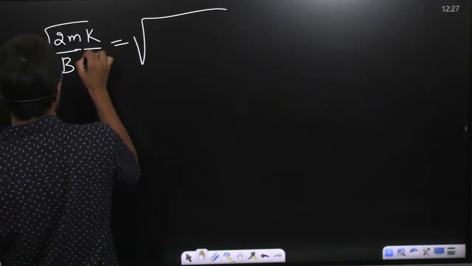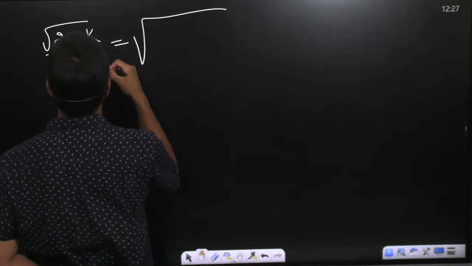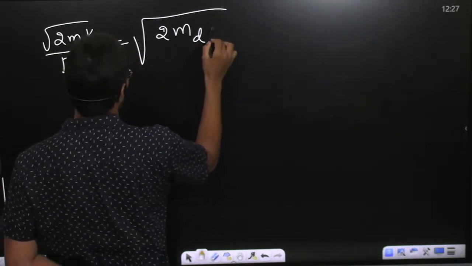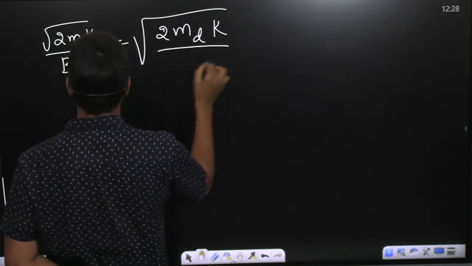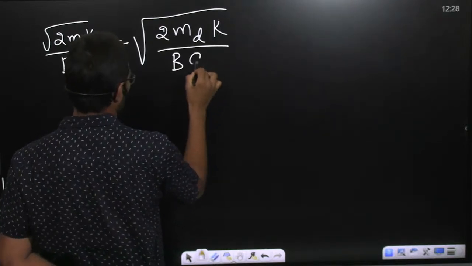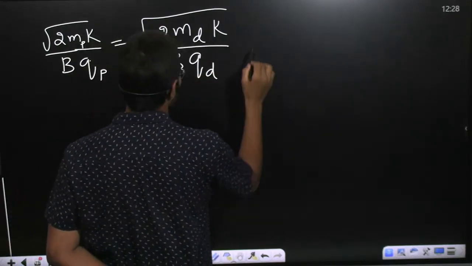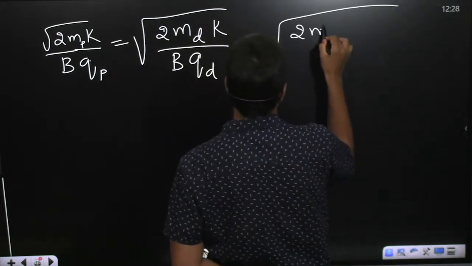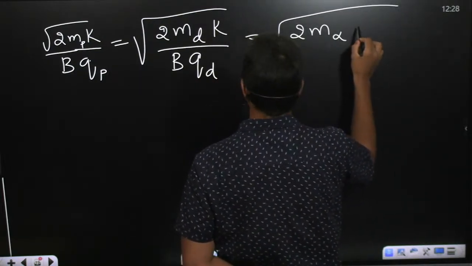This is of proton. So this is of deuteron. And again this is of alpha particle.